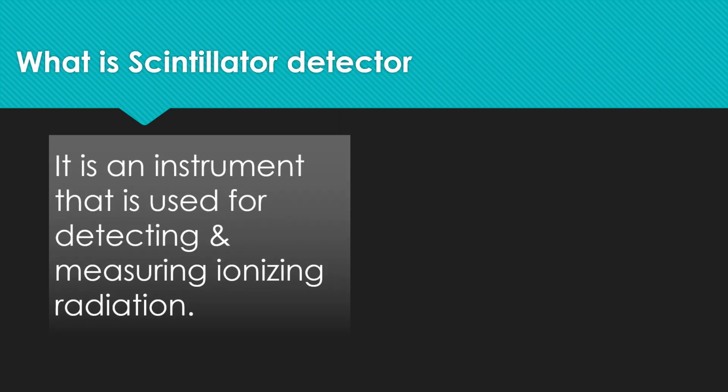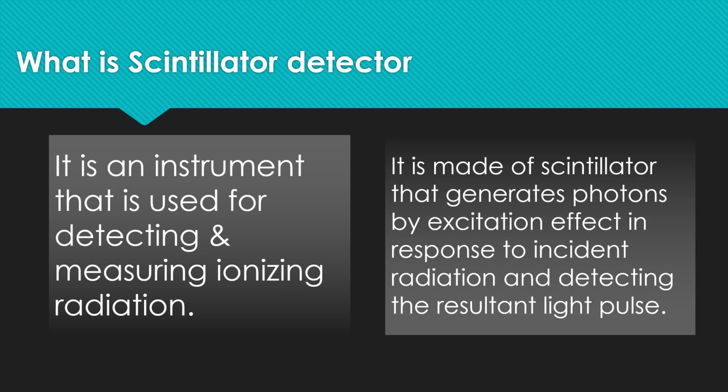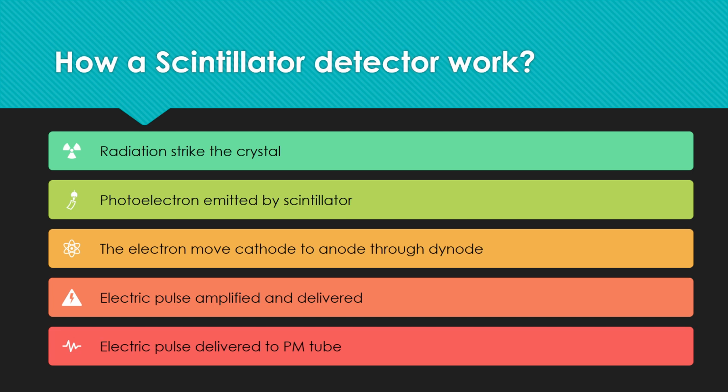So it is an instrument that is used for detecting and measuring ionizing radiation. It is made of scintillators that generate photons by excitation effect in response to incident radiation, and detecting the resultant light pulse. So how does the scintillator detector work?